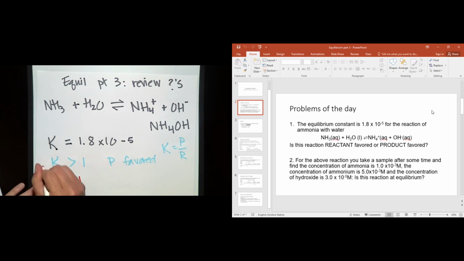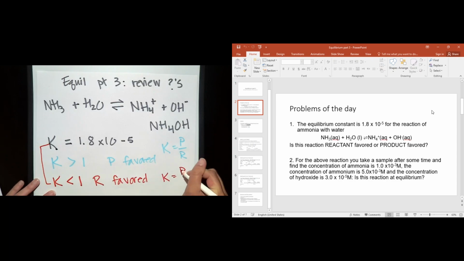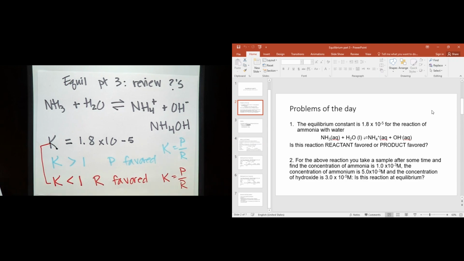So in this case, K is less than 1, meaning we call it reactant favored. We're still using that ratio for K. K is always going to be this ratio of products in the numerator and reactants in the denominator.